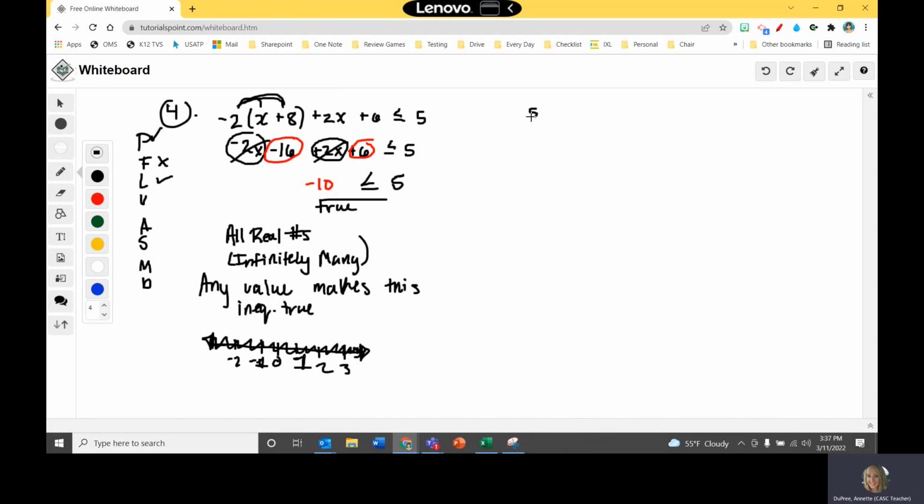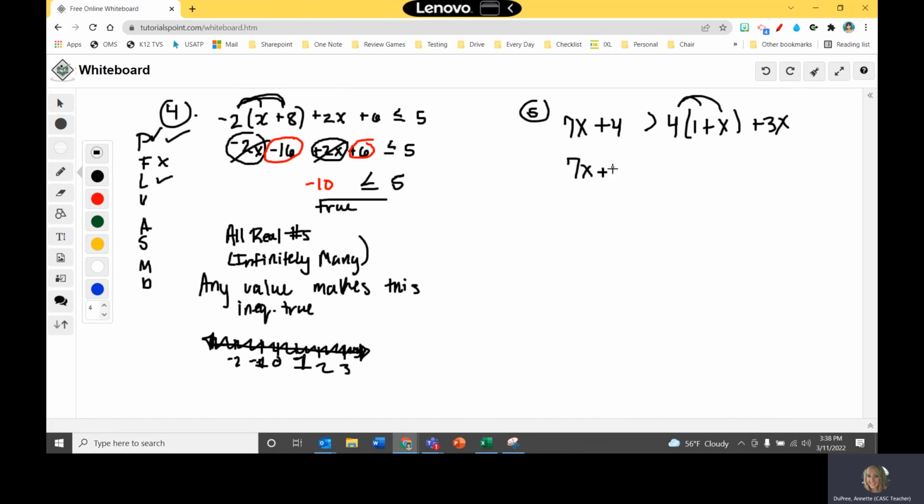Okay, number 5 we're going to try is going to be 7x plus 4 is greater than 4 times 1 plus x, plus 3x. Okay, so what I want you guys to do is pause it and try this. Okay, if you paused it and tried it, what you should have seen is, hey, this does have parentheses, so we're going to distribute the 4.